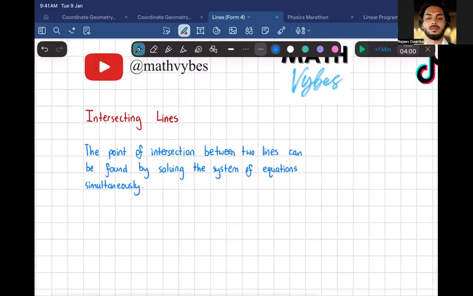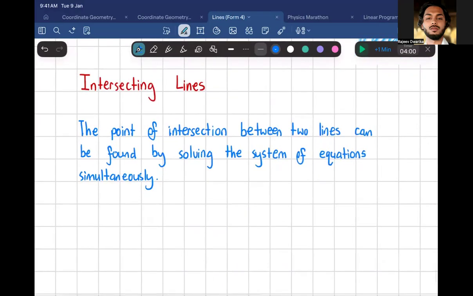Let me just do an example first. Guys, this generally works out the easiest when your two equations are in the form y equals mx plus c. So I'm going to write a little note here.